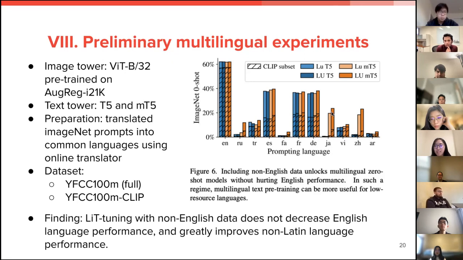Yes. Okay, got it. While for Latin languages like Spanish and French, the difference between the multilingual and the normal T5 is not that much, because the blue and the orange are the same height. Yes, that's right. Okay, all right, cool. Thanks, appreciate it. No problem.